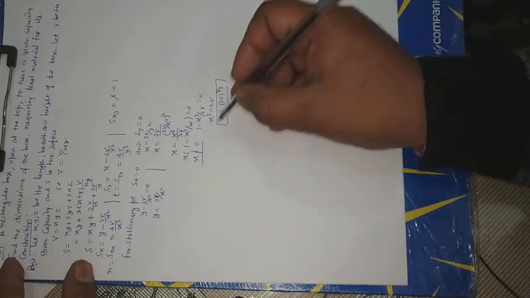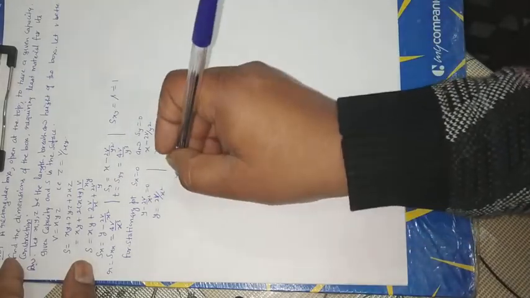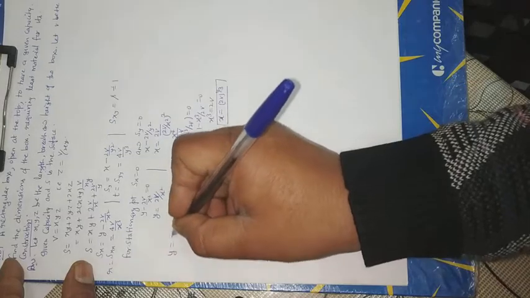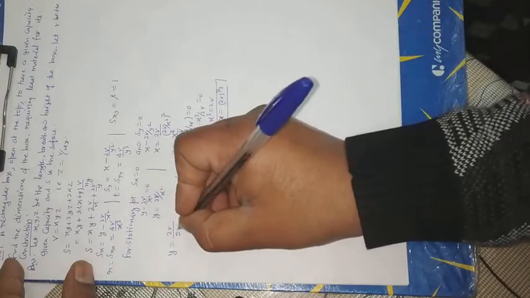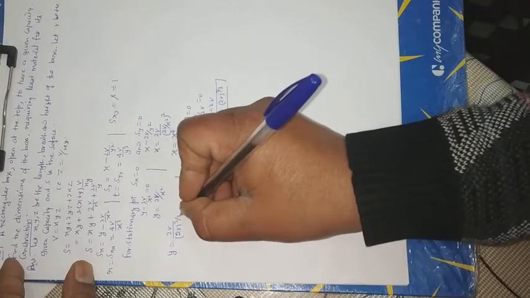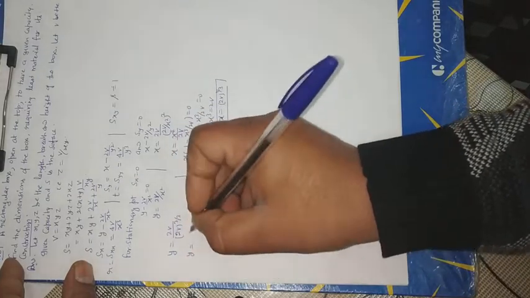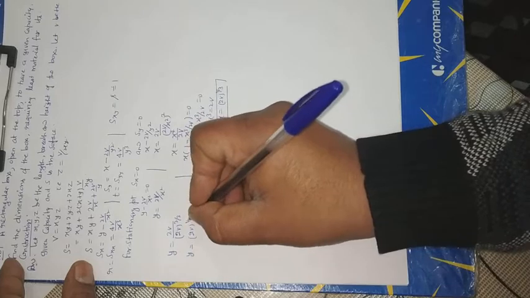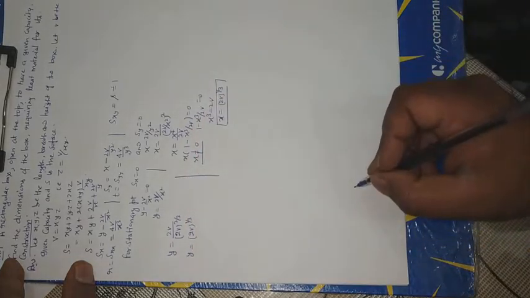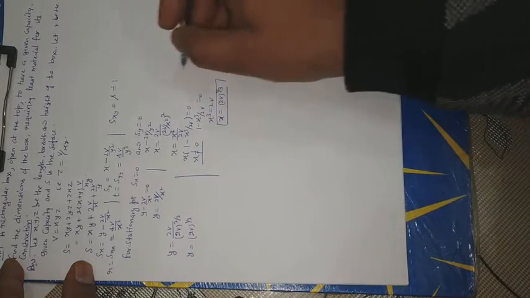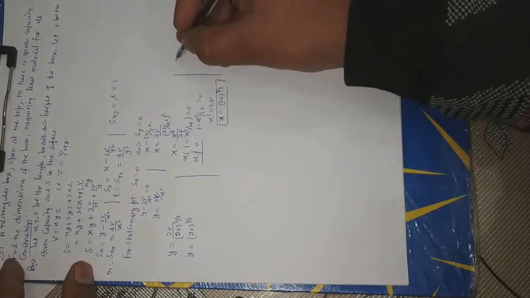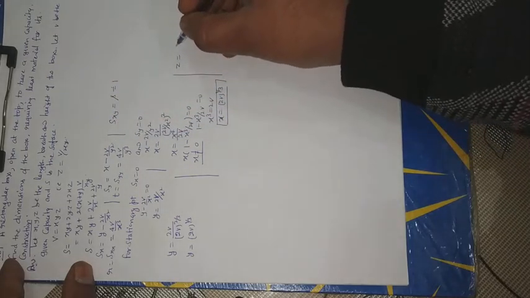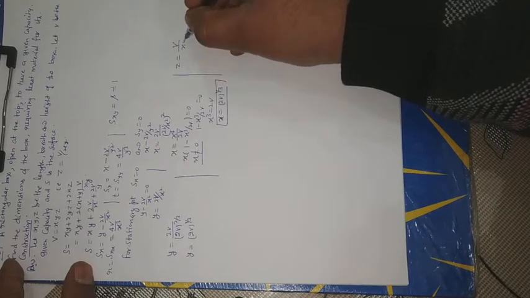Now putting the value of x in here, y is equal to 2V upon x square, that is (2V) whole power 2 by 3 upon... Now y is equal to (2V) whole power 1 by 3. Now z is equal to V upon xy.